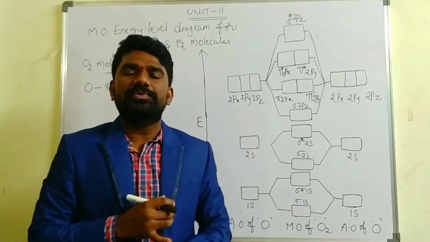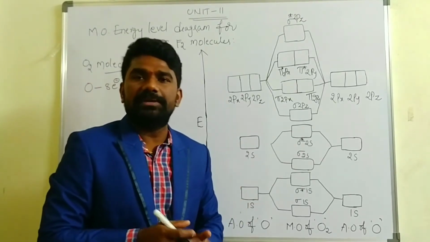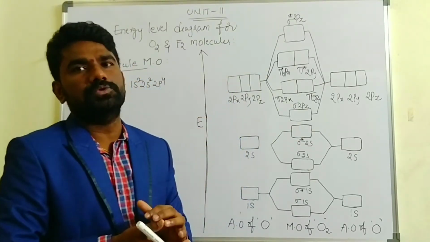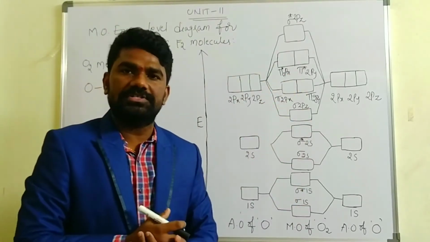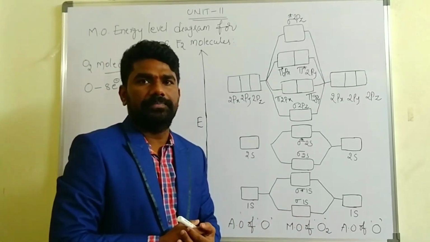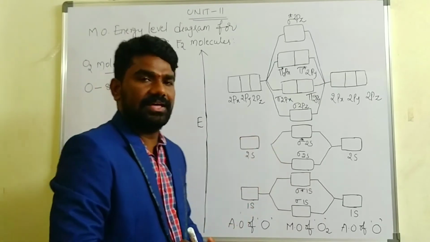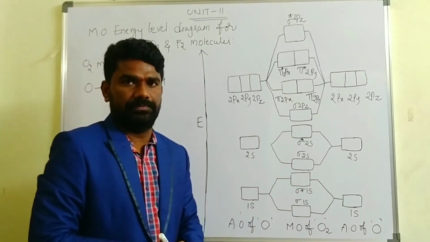Those are the Aufbau principle, Pauli exclusion principle, and Hund's maximum multiplicity rule. According to these 3 rules, we need to fill the electrons in the molecular orbitals of the O2 molecule. Let us see how to fill them.